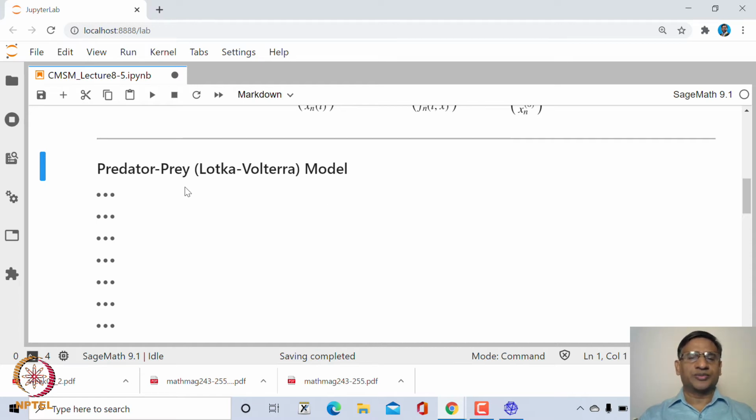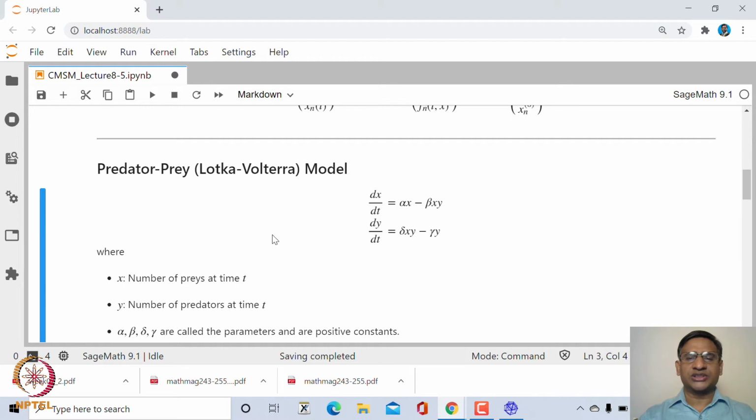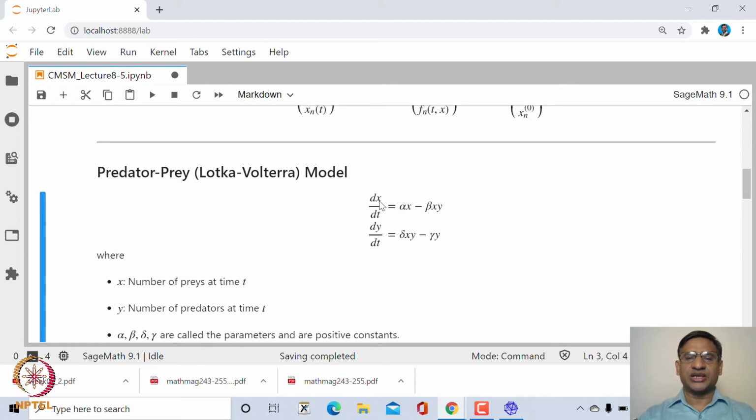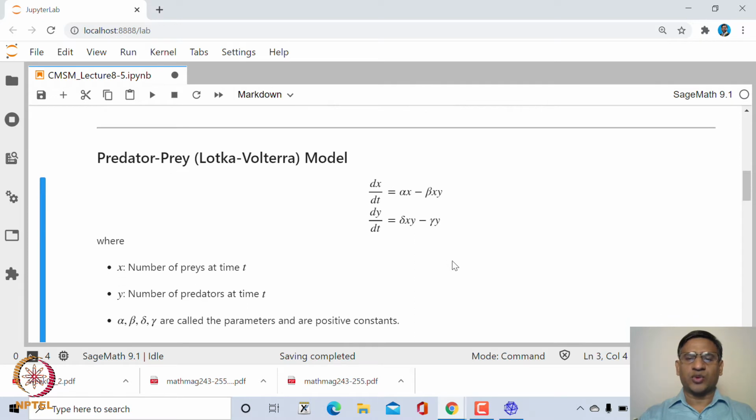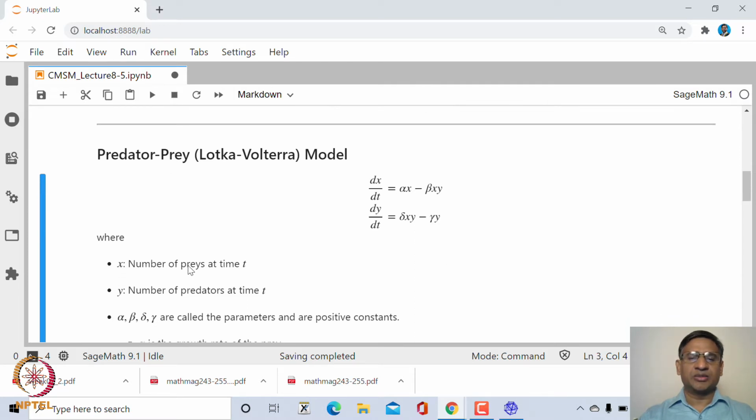Now, let us look at an example where we come across such a system. One of the examples that we will be looking at is predator prey, which is known as the Lotka-Volterra model. This is a very popular dynamical system model. It is represented by dx by dt as alpha x minus beta xy, dy by dt is equal to delta xy minus gamma y, where x is the number of prey at time t and y is the number of predators at time t.